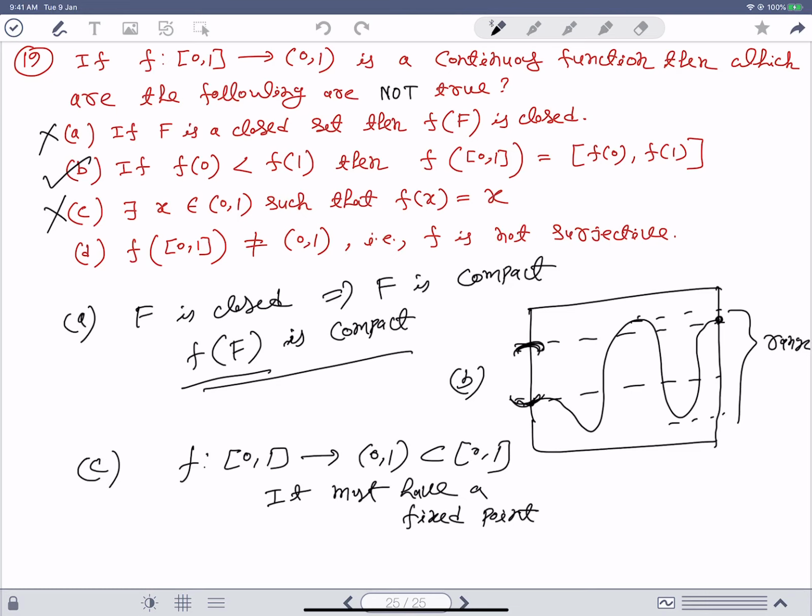Now the image of a compact set should be compact, right? But open interval 0, 1 is not compact, so it should be a subset of that. So f of closed 0, 1 should be compact. Therefore, it should be a proper subset of open interval 0, 1. Okay? So the statement is true, so we are striking out this one.